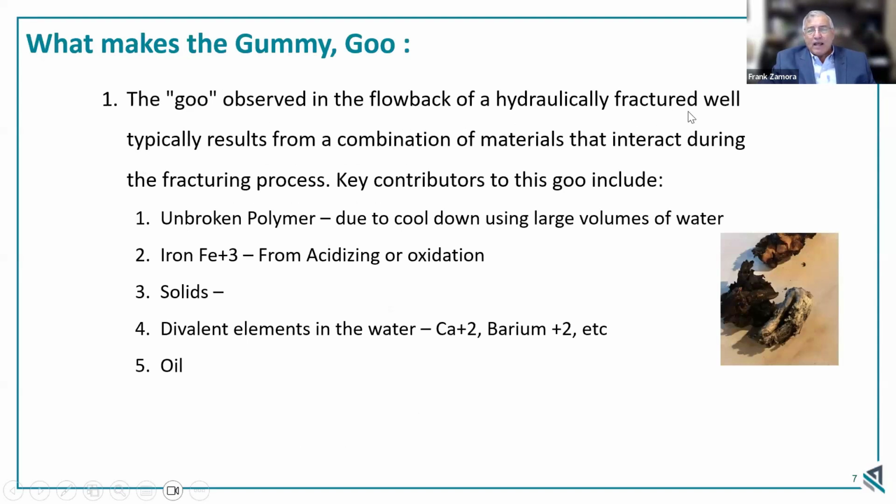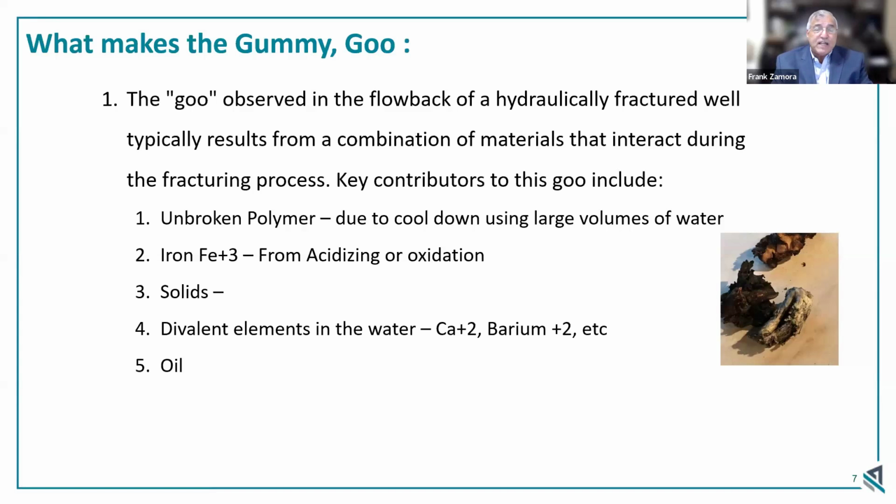So the goo observed in the flowback is basically something that comes back after the hydraulic fracture. And it's a combination of unbroken gel for one, and we know that. I think it happens predominantly in a low bottom hole temperature well. After the frac, we've cooled the formation down significantly, even though we add ammonium persulfate, or some breaker to help break the polymer at 140 degrees, for example, or 150 degrees.